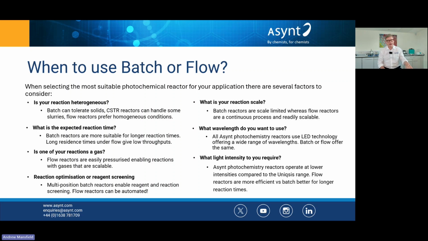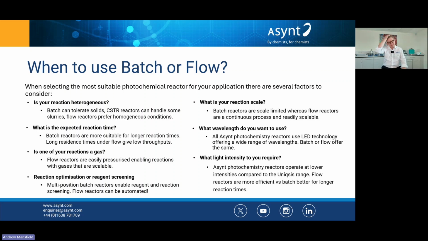Only because if we have long residence time or long reaction times under flow conditions, the throughput is a lot lower. So it depends on what we want to achieve, whether we want to achieve material for diagnostics, or we want to produce a larger quantity of material for other purposes. So long reaction times don't really lend themselves to an efficient flow process.